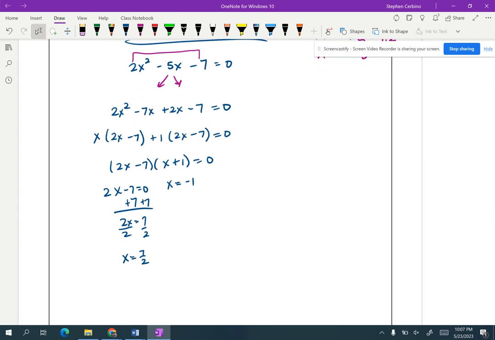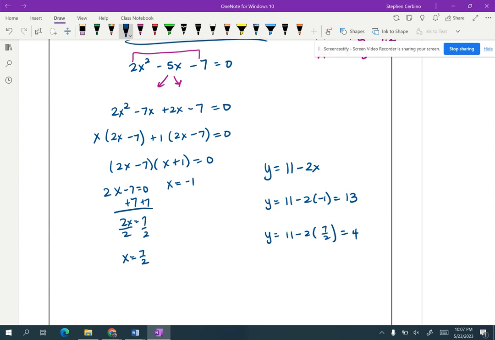So if I plug in to y equals 11 minus 2x the x value negative 1, I have y equals 11 minus 2 times negative 1, which is going to be 13. If I plug in y equals 11 minus 2 times 7 halves, well, that's going to give us the number 4.